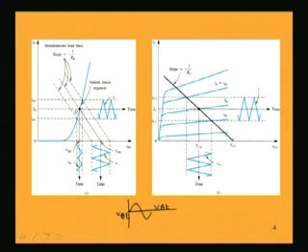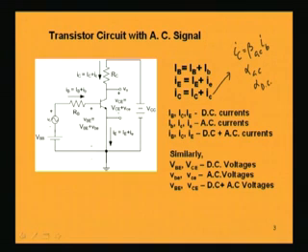So, this is the VBE value, DC and AC, and this is the increment and the decrement of the biasing voltage in this circuit.